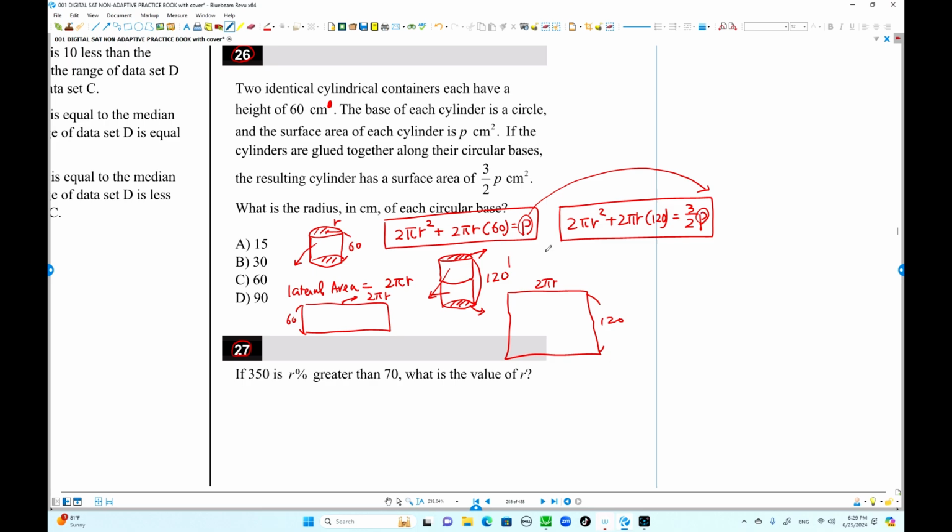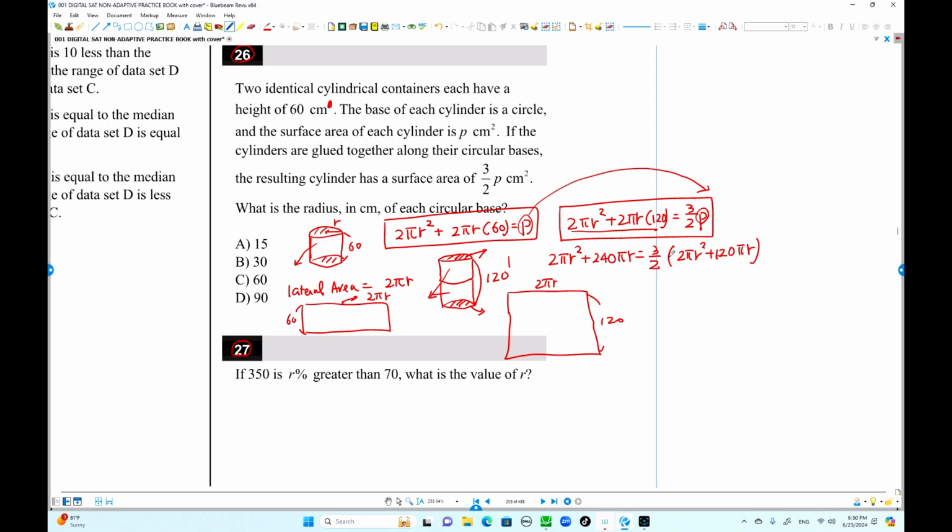So I'm going to write this first: 2 pi r squared plus 240 pi r equals 3 over 2. Now what is P? 2 pi r squared plus 2 pi r times 60 is 120 pi r. That is the value of P.